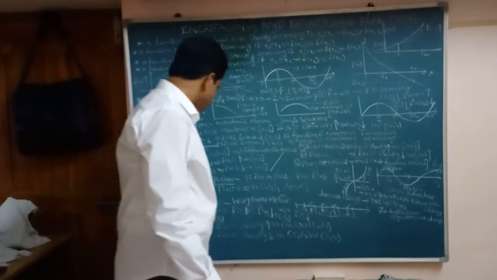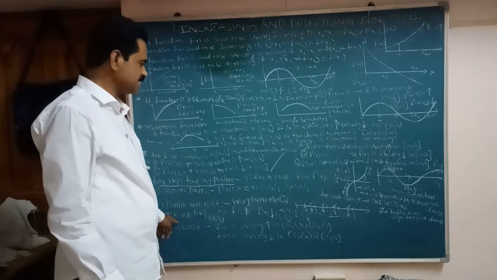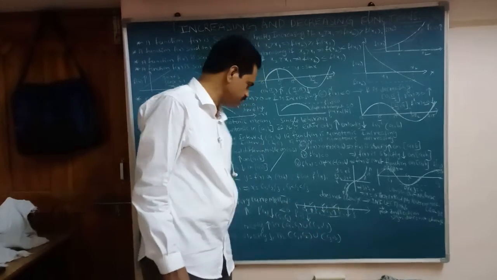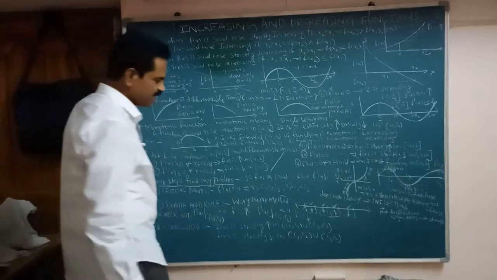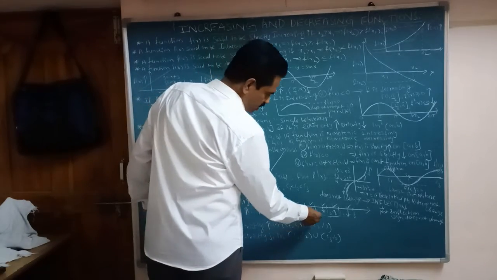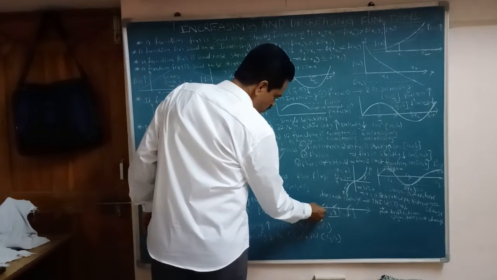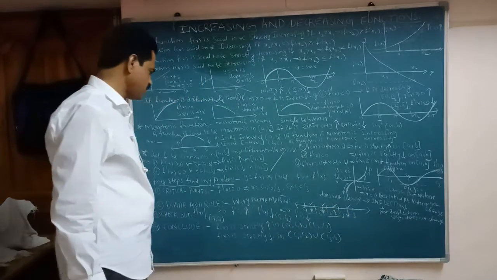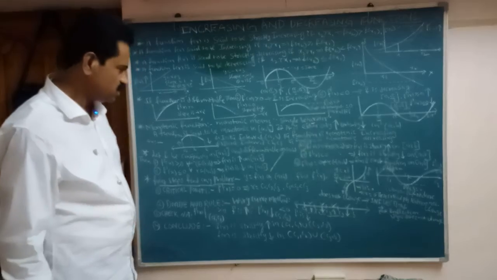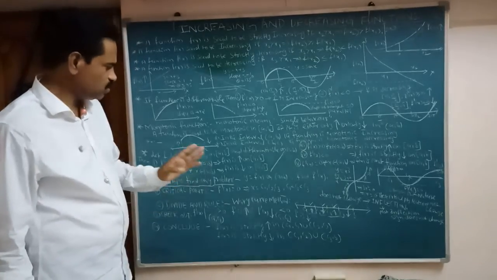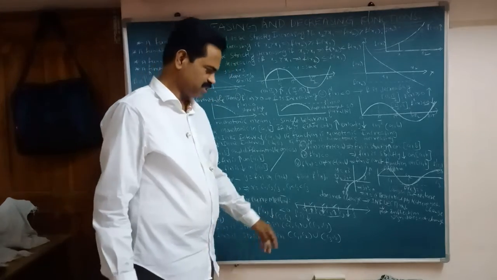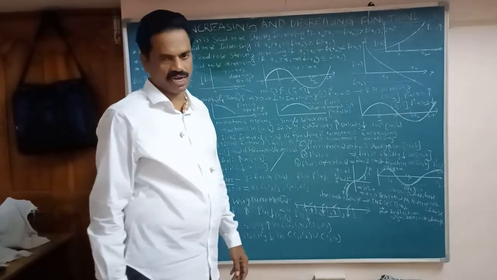So f of x is strictly increasing in A to C1 and C2 to C3, and f of x is strictly decreasing where it is down: C1 to C2 and C3 to B. Observe here, C1 comma C2 and C3 comma B.